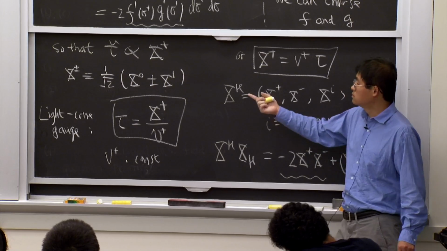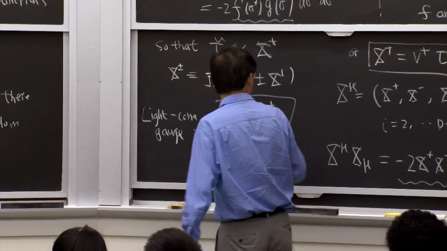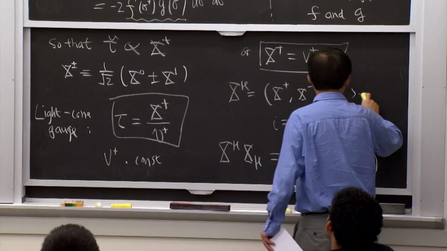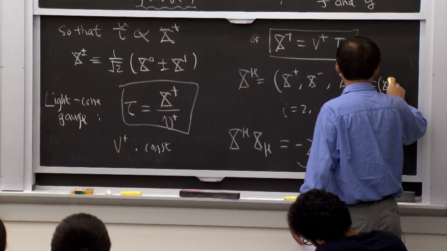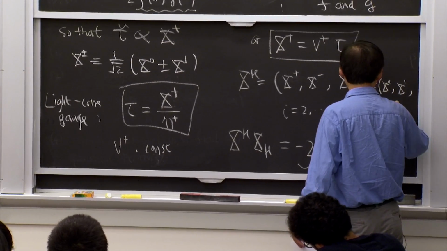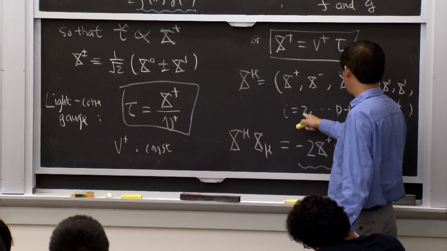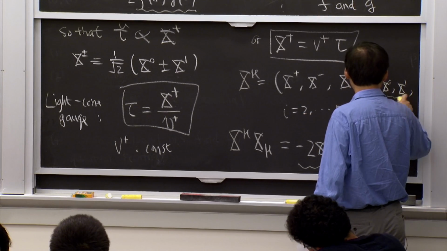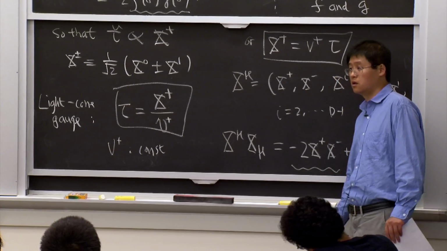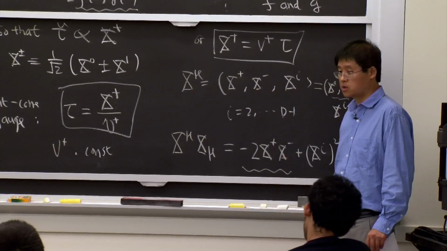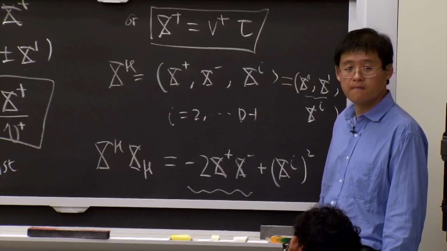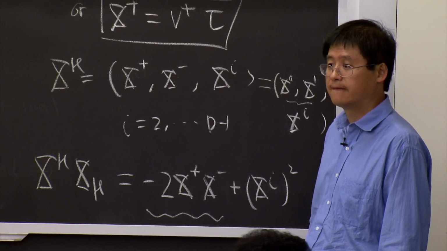So x mu has x0, x1, then what I call x i, which I start from 2 to d minus 1. I just rename these two to be x plus and x minus. Oh, I see. Okay, fair enough.